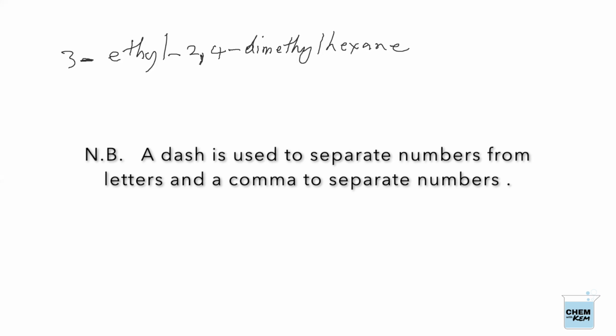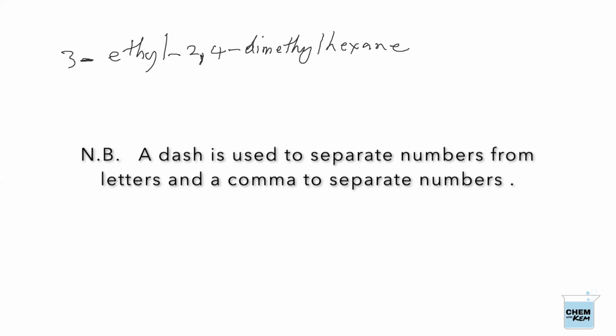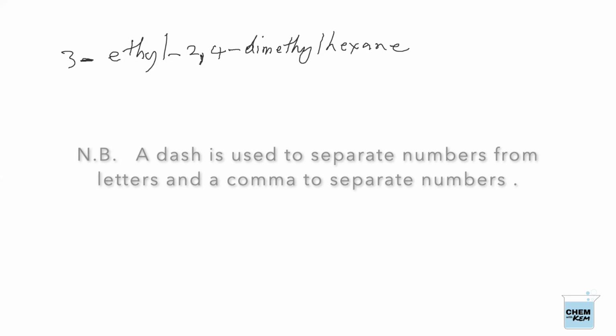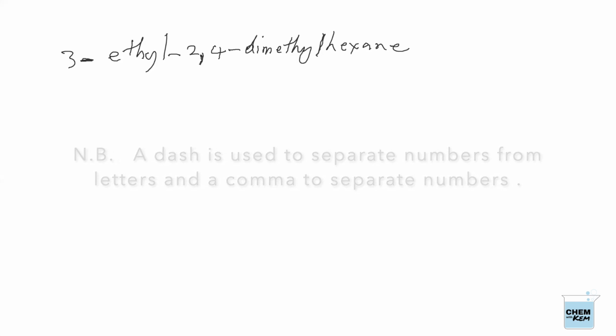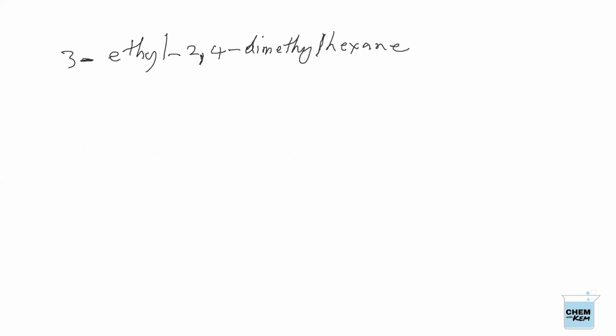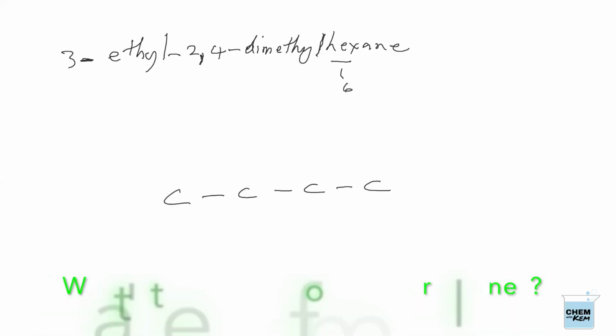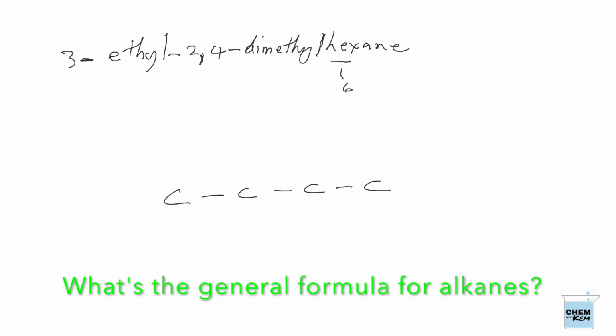Now, according to the syllabus, we don't really need to go beyond carbon number 6. All right, so here we are. We have longest chain being hexane. Hex means 6. For alkanes, the general formula is CnH2n+2.